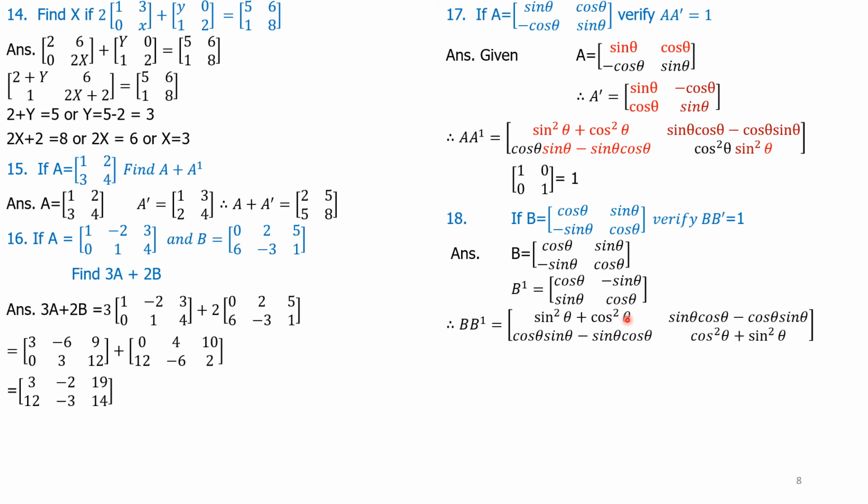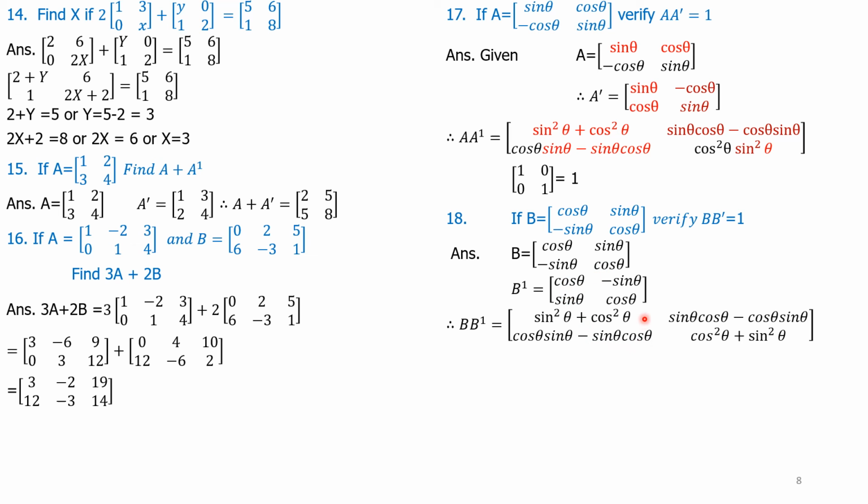Therefore, B B dash is equal to cos squared theta plus sin squared theta, and the next element is sin theta cos theta minus cos theta sin theta. Similarly, multiplying second row with first column, we get sin theta cos theta minus sin theta cos theta.